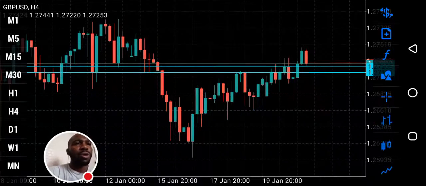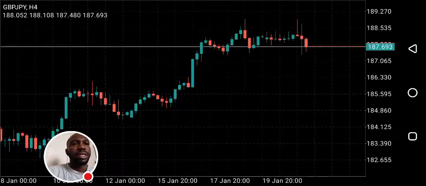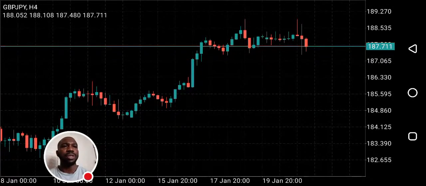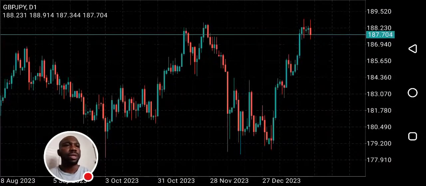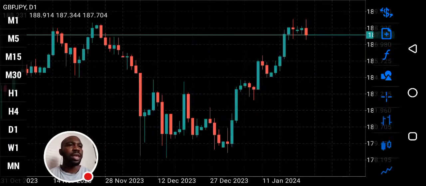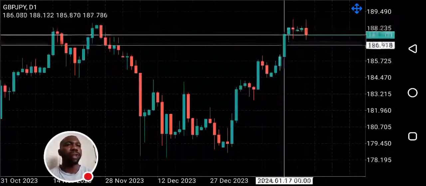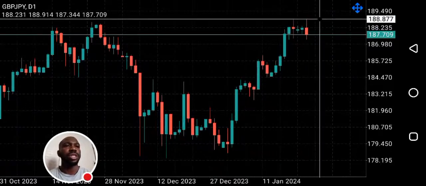Now, on GBP JPY, it is bearish at the moment. Let's start with the daily time frame. You can see we had several reversal patterns on the daily time frame, which indicates a change in trend from bullish to bearish.